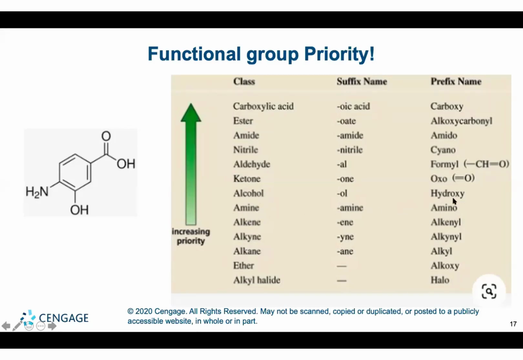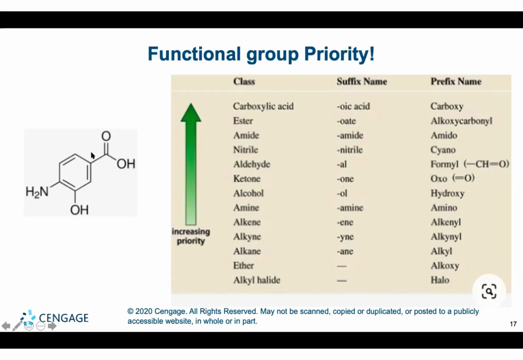This is the amine group. This is the alcohol group. I talked a little bit about it in previous slides. So this is getting more priority. Whenever I want to name this, the parent name will be this one.